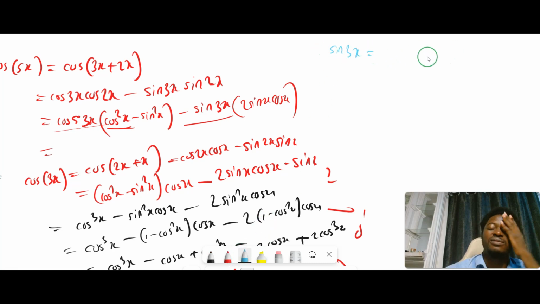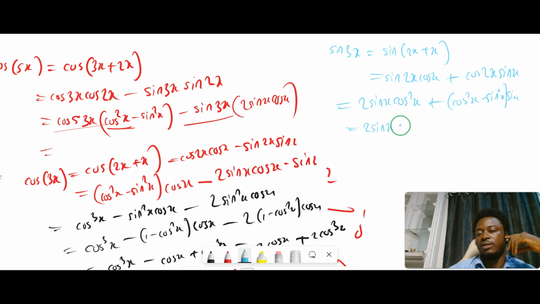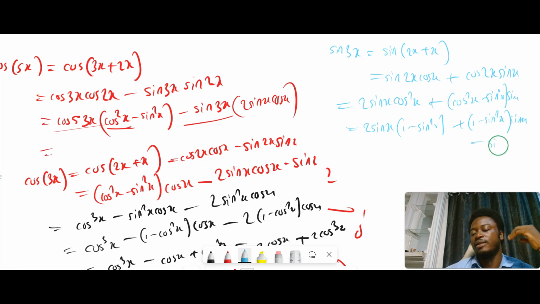Sine of 3x is sine of 2x plus x, which is sine of 2x cosine of x plus cosine of 2x sine of x, which is going to equal 2 sine of x cosine squared x plus cosine squared x minus sine squared x times sine of x, which is 2 sine of x times 1 minus sine squared x, then you have plus 1 minus sine squared x times sine of x minus sine cube x.